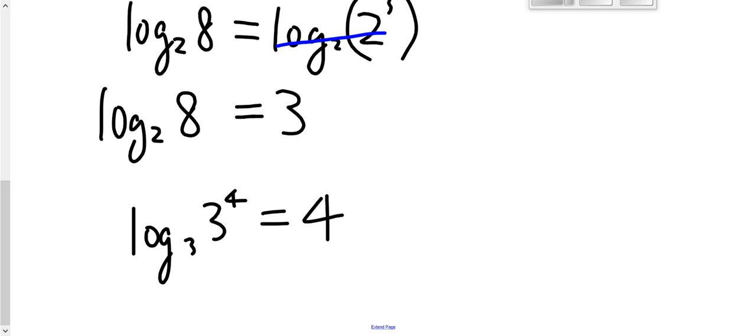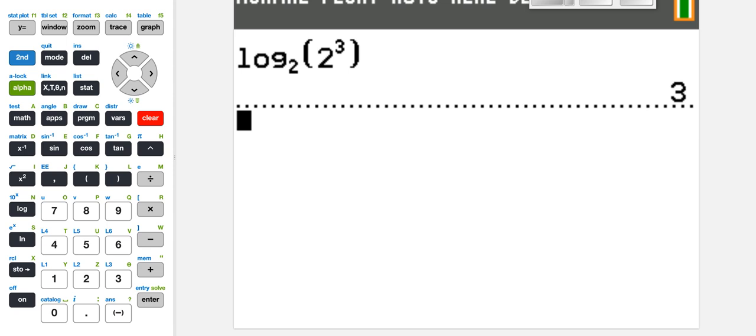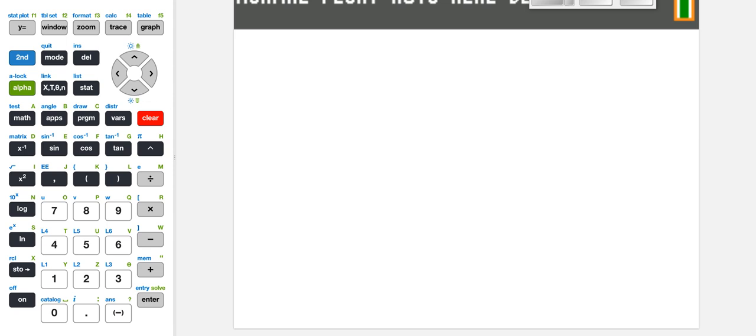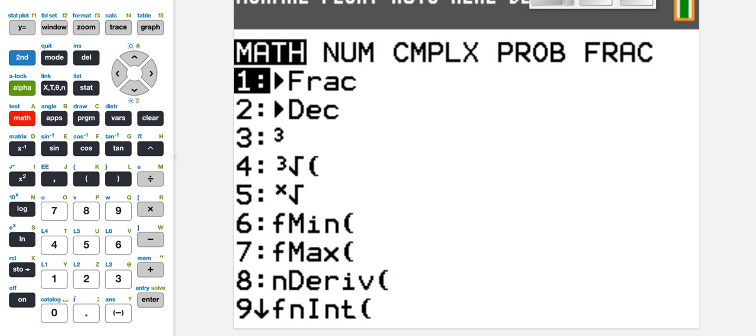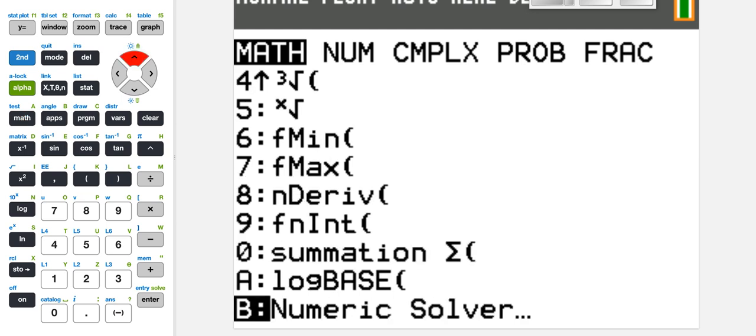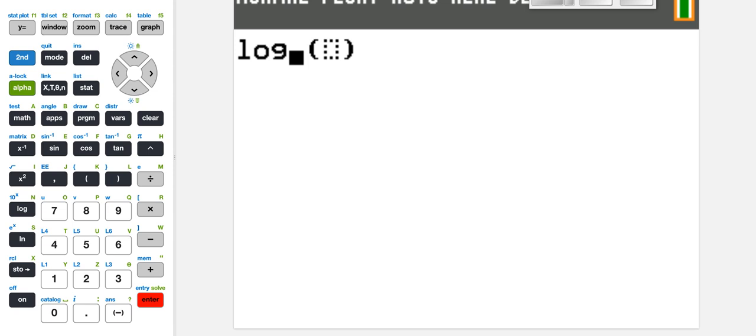Let's do this on your graphing calculator. So let's not do this normal log. This normal log is base 10. Alright, so go to math, second last one, the base. So log base 3 of 3 raised to the power of 4.